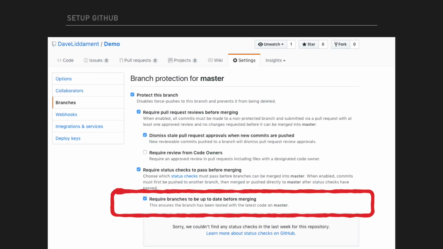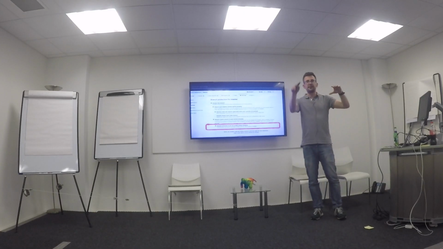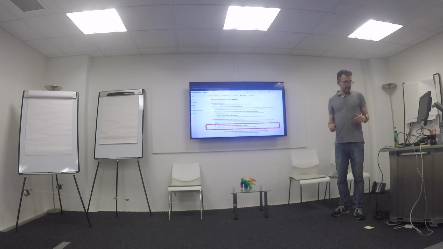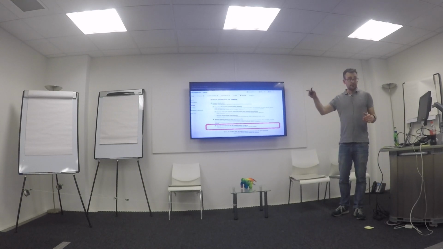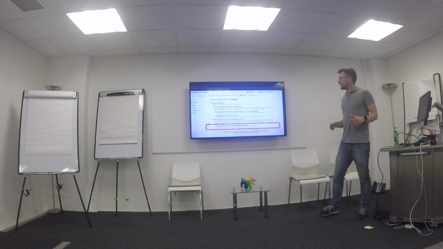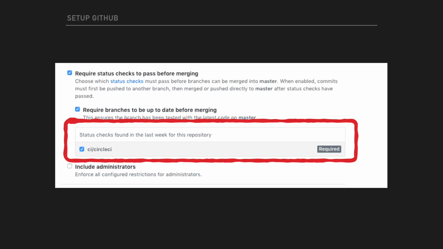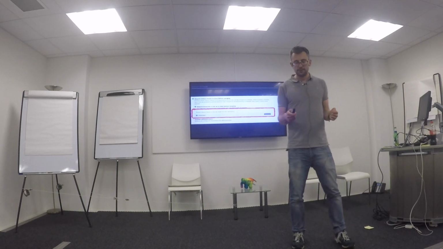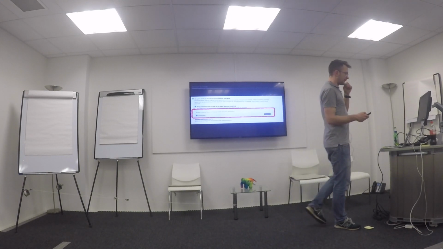So that's that final example, okay? You can't merge anything in unless the thing you're merging in is based off the current master. So let's say we've run Circle CI or Jenkins. Once you run it for the first time, you'll then get a tick box which you can tick to say that's also a requirement for signing off on the code.